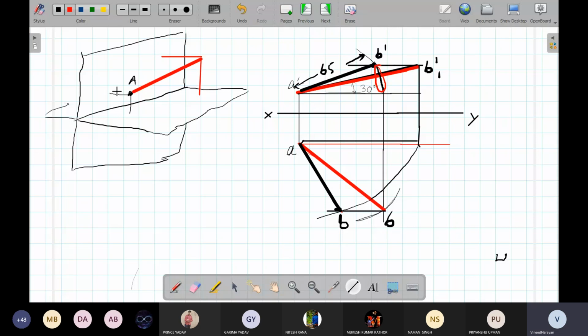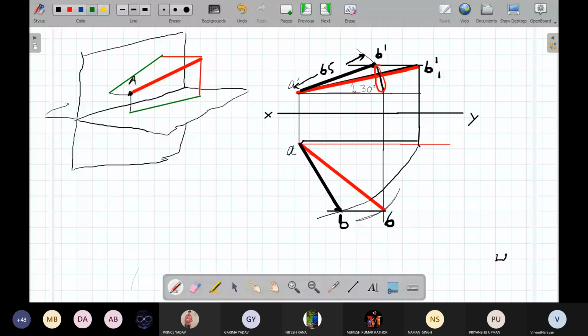So the projection lines, I'm going to draw in green. Both these green lines are not parallel to this central xy. That means it is inclined to both the planes. So this green line represents here my A dash and B dash and A and B. This one is B1.